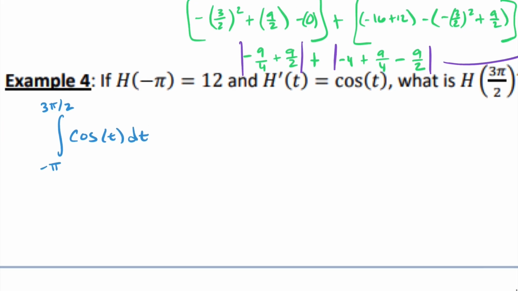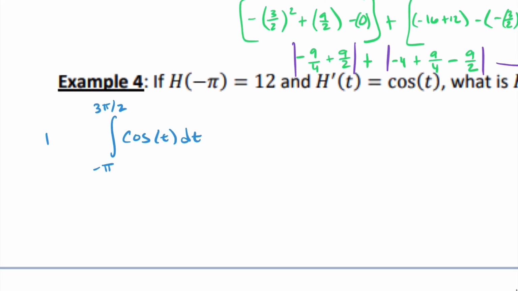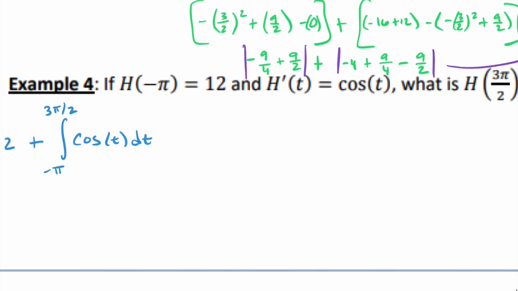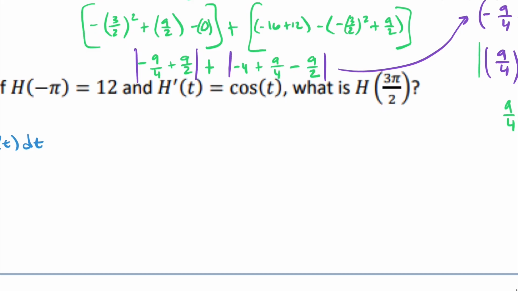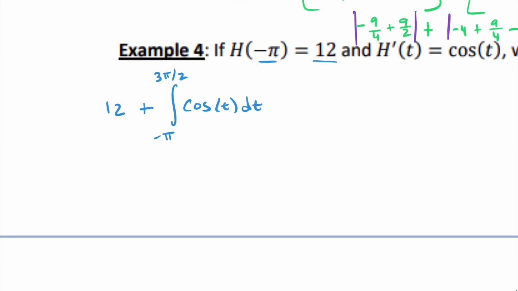And this is the fundamental theorem of calculus, right? So we are starting at 12, and we're going to add to it the setup here, because that's your 12, your starting place, your ending place, everything's right here.